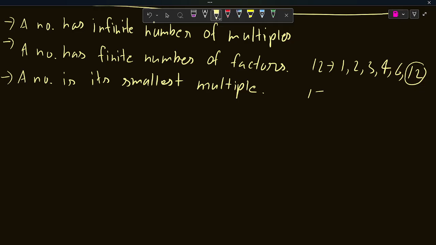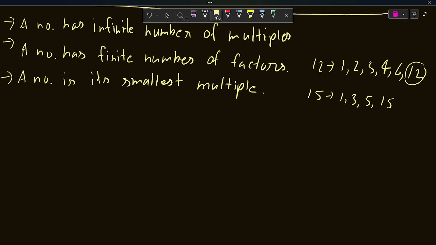In the same way, if you write factors of 15, then you have 1, then 3, then 5, and then 15 itself. So 15 is the highest factor of 15. In the same way, any number is the highest factor of itself.